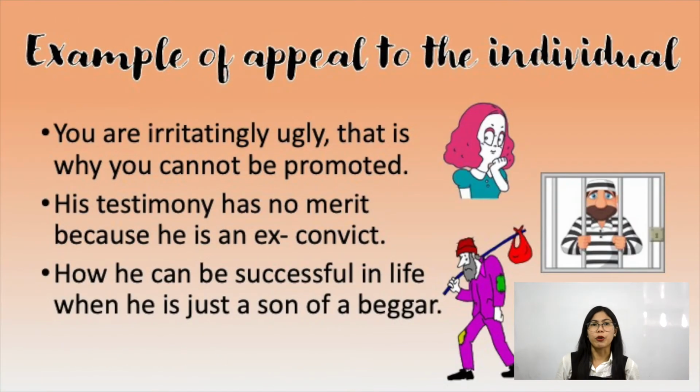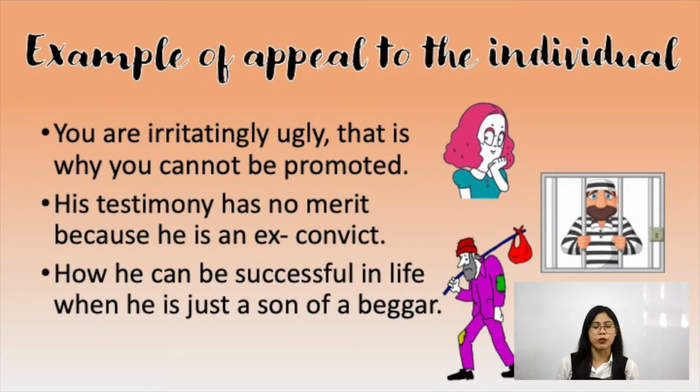So the first example: you are irritatingly ugly, that is why you cannot be promoted. As you can see here, the one who states it is attacking the person personally. Instead of focusing the argument on that person's skills, abilities, and capability as the reason why he can't be promoted, the speaker uses the person's weakness or physical appearance, which is a wrong basis to promote or not promote someone.